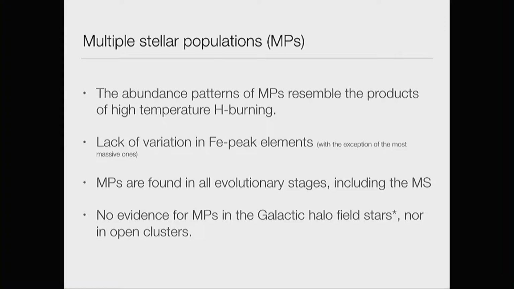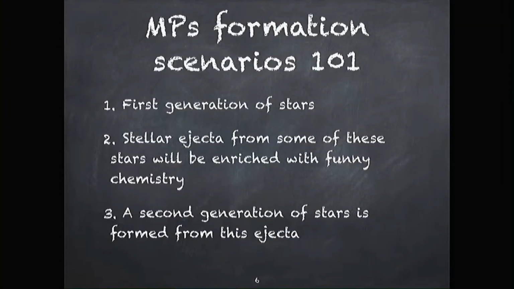So this suggests that you need something like a very dense and massive environment to undergo this kind of chemistry. The idea is very simple in most of the globular cluster formation scenarios. You have these first generation stars, then the ashes of this high temperature hydrogen burning are going to be ejected into the intracluster medium. This is a very low velocity wind, so it's going to be held in the cluster potential.